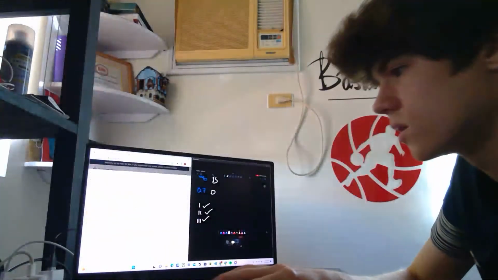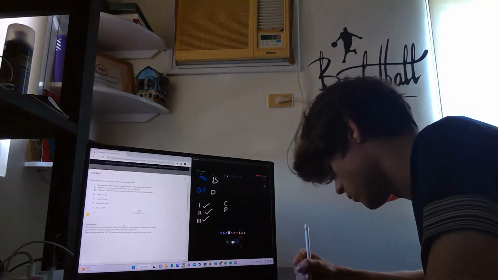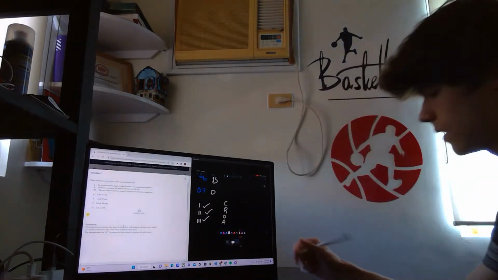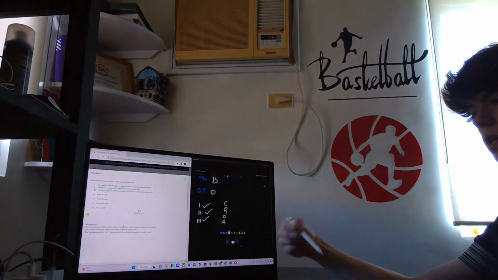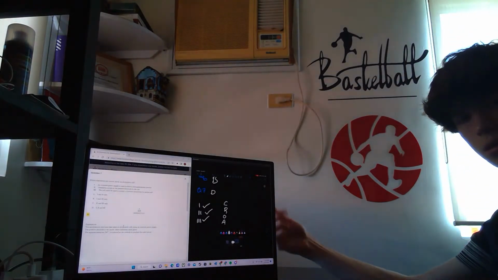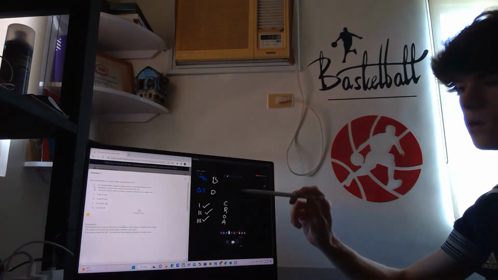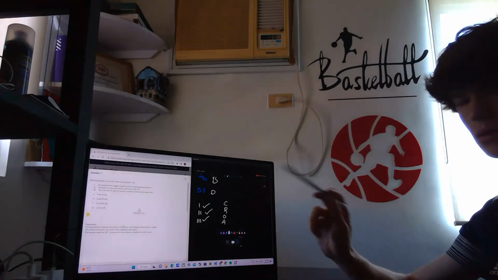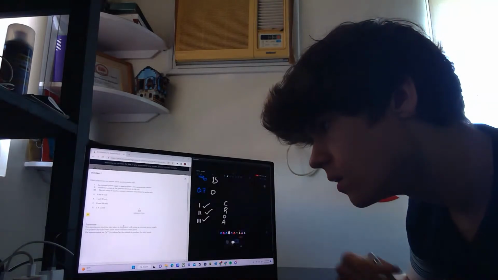And the positive electrode is the anode, because according to CROA, this says cathode reduction. So at the cathode, reduction occurs and oxidation occurs at the anode. This is better to memorize than cathode's positive. No, don't memorize it that way. Memorize CROA if you're going to memorize.